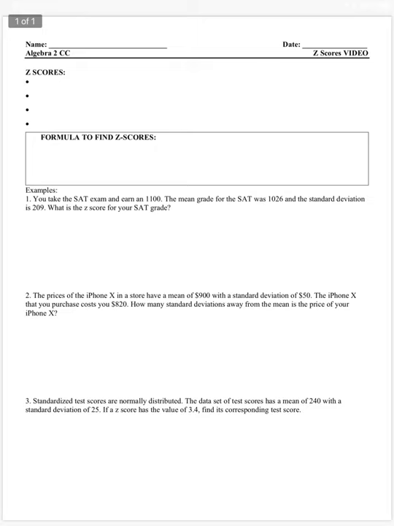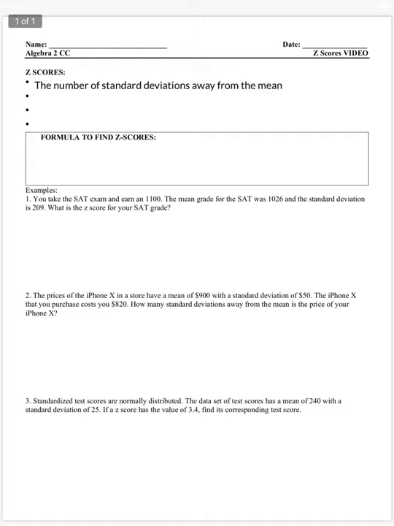Today we're going to talk about z-scores. Super easy concept. A z-score is, this is the definition of it, the number of standard deviations away from the mean.